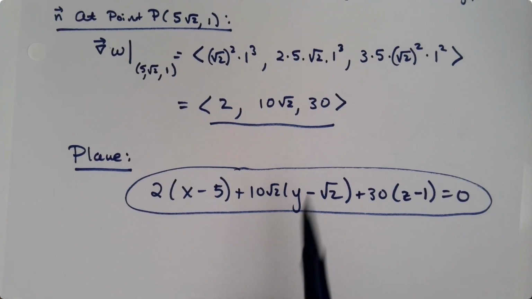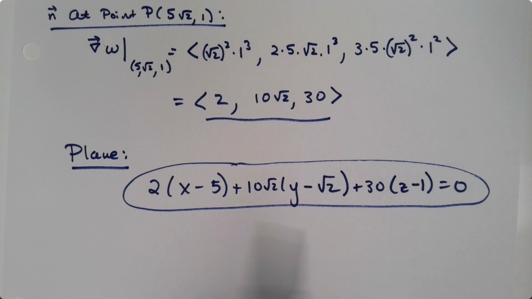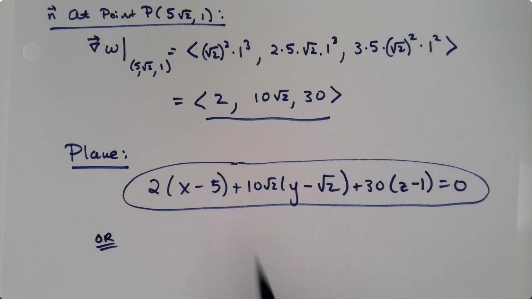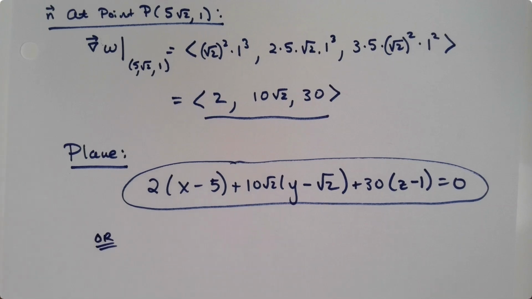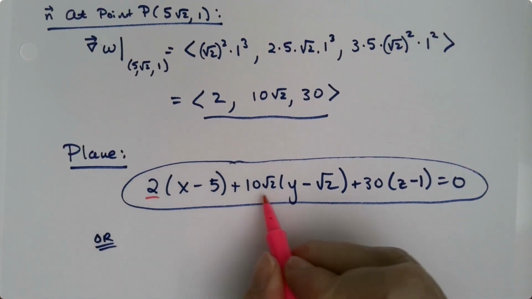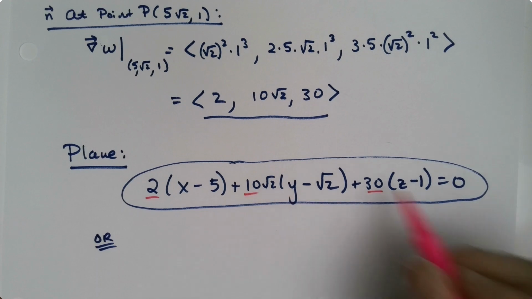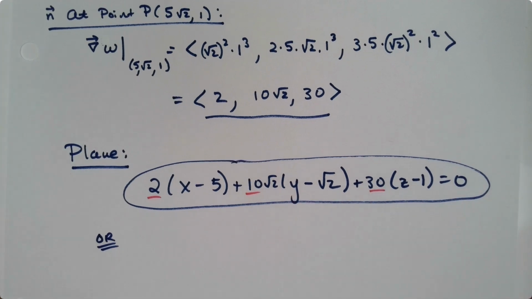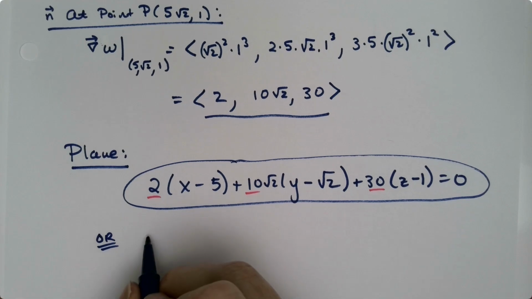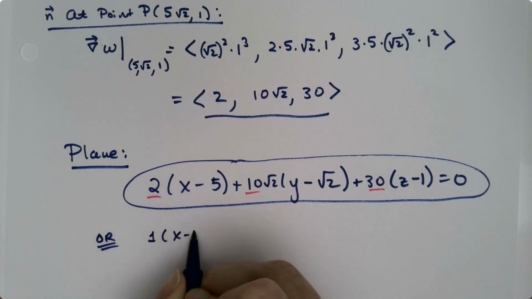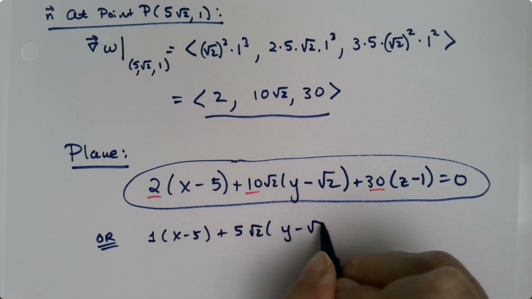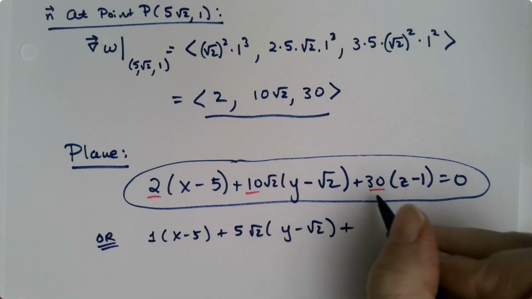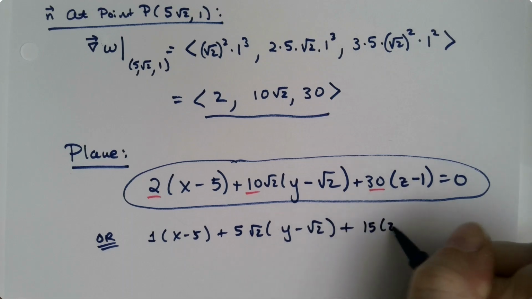Now, you'll notice that this is set equal to 0. So one thing you can do, and sometimes we do, is divide everything. If you look at the coefficients, this is 2, this is 10 square root of 2, and this is 30. So we could factor out a 2 if you want and make it 1 times (x minus 5) plus 5 square root of 2 times (y minus the square root of 2) plus 15 times (z minus 1).